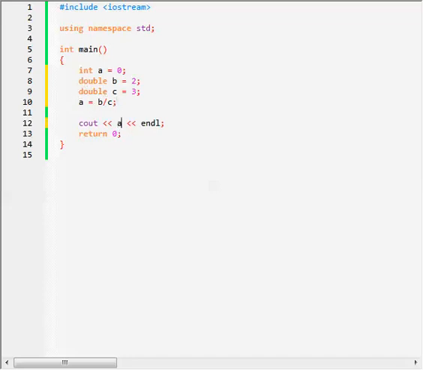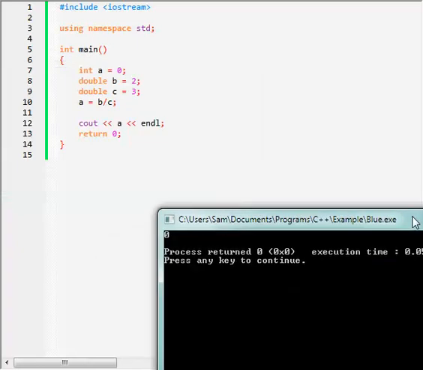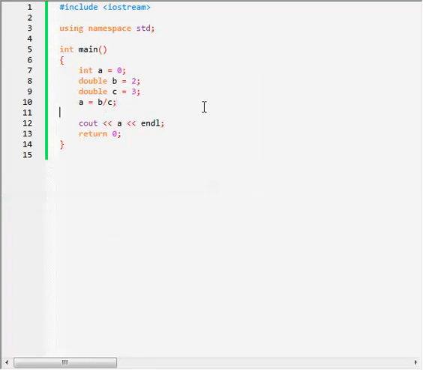When we print out a, we will get 0 though, because a cannot hold 0.66. So what it does is it says, okay, we got 0.666666. We take off everything after the decimal. 0. So if it were 3 divided by 2, then we would get 1.33333333, and it would just remove that and it'd be 1.